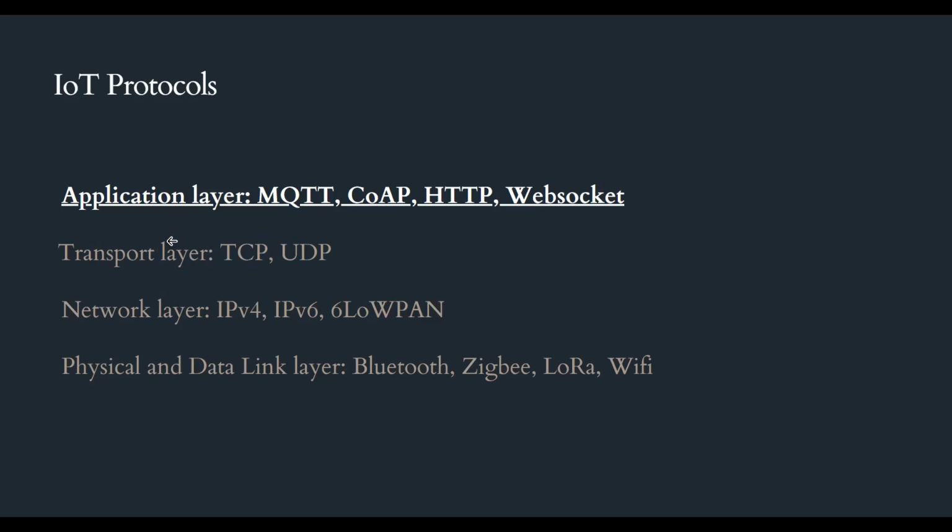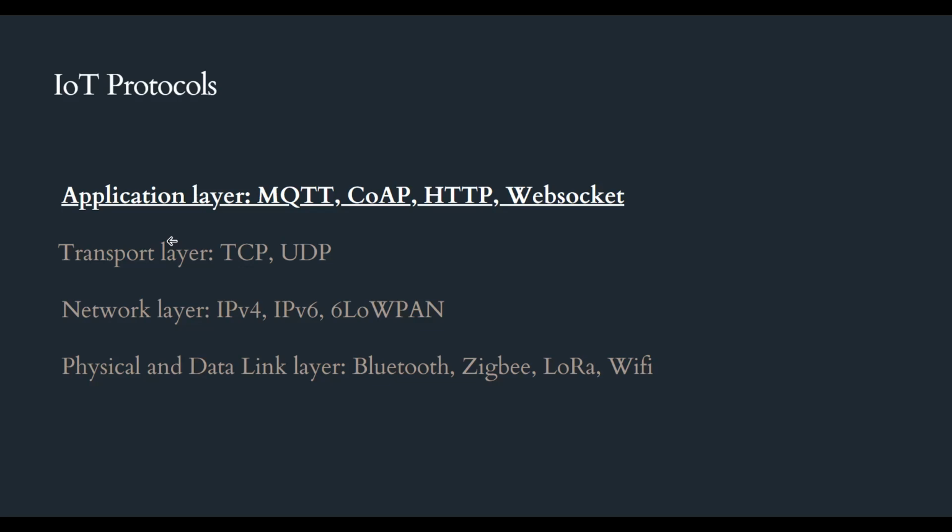On the application layer, we have protocols such as MQTT, CoAP, HTTP, WebSocket, and so on. Out of those protocols, we are mainly going to focus on protocols that are used in IoT systems. So we will be talking mostly about MQTT and CoAP protocols.